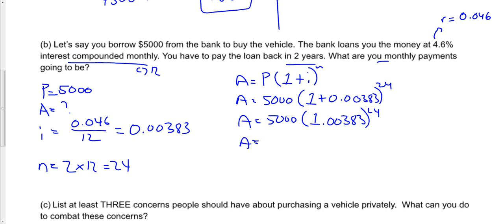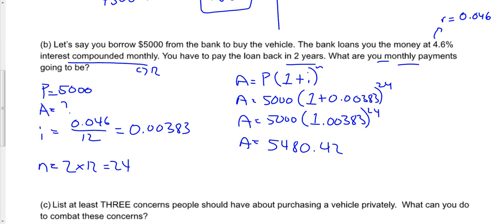So our final cost is going to be $5,000 times 1.00383, all to the exponent 24. So the final price is going to be $5,480.42.